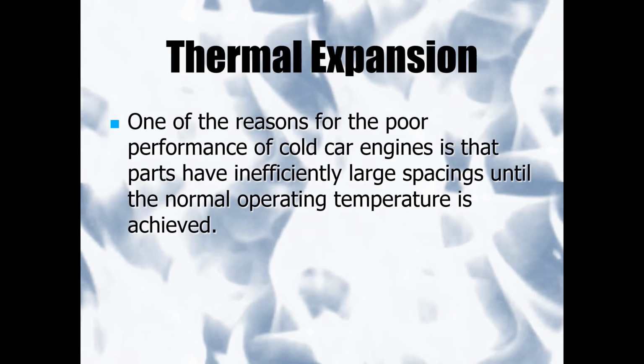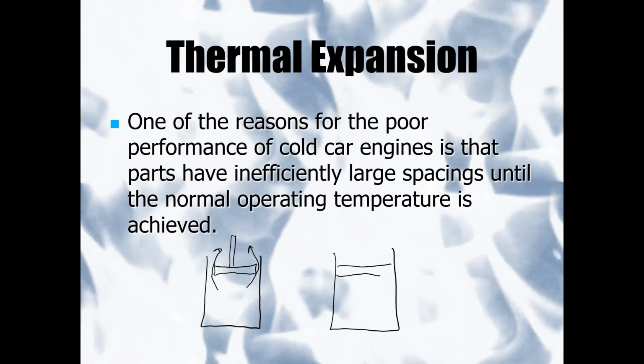So another place that thermal expansion causes issues is in car engines. If you think about the cylinder, when the engine is cold, the cylinder is not necessarily going to be exactly the right shape and size for the piston, and so we're going to get gases escaping around the edges here. Whereas when the engine is warmed up a little bit to the normal operating temperature, that piston head is going to sit straight inside that cylinder incredibly tightly, and we're not going to get any gases coming out through those gaps.